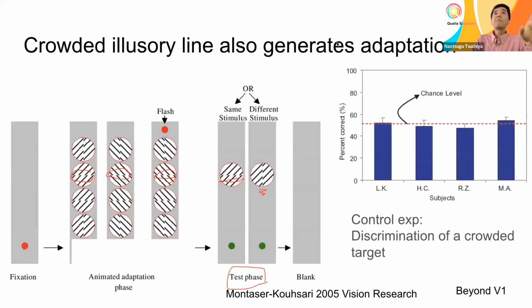They tested the visibility of this crowded stimulus in a separate session, asking whether it was horizontal or vertical. And as you also demonstrated, when it's crowded, everybody was at 50%, chance performance. So the control experiment shows this is definitely invisible.